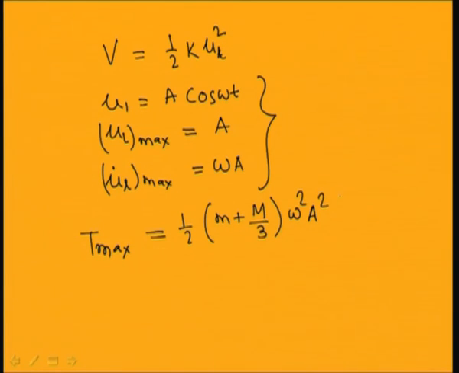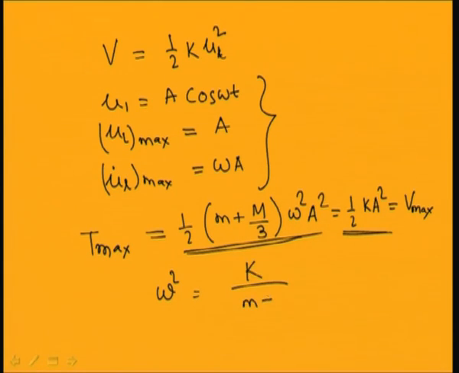This is equal to half k A square, the maximum potential energy. So this is equal to V max. By equating these two, I can write omega square equal to k by m plus M by 3.